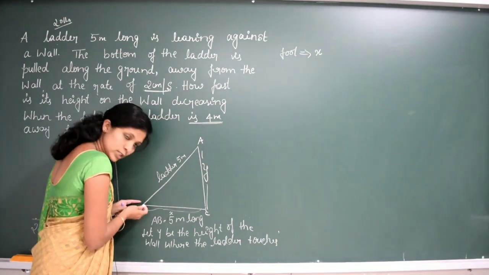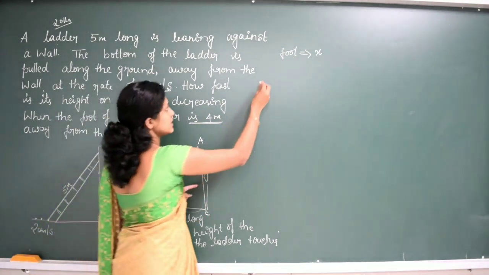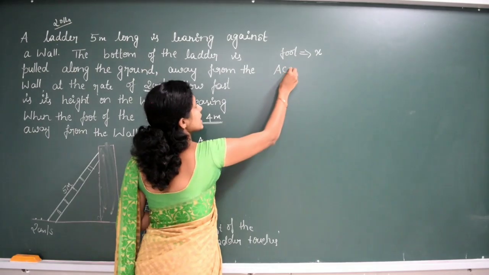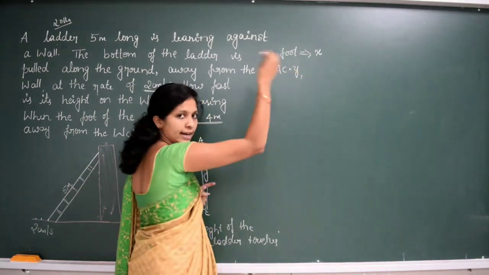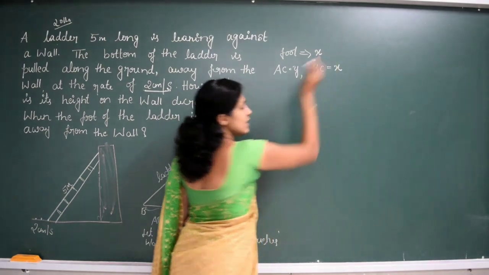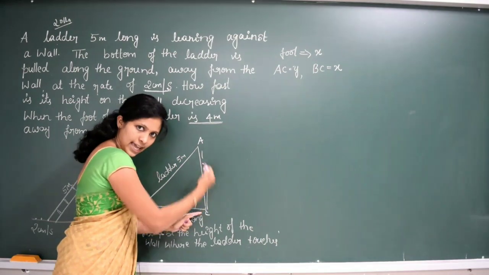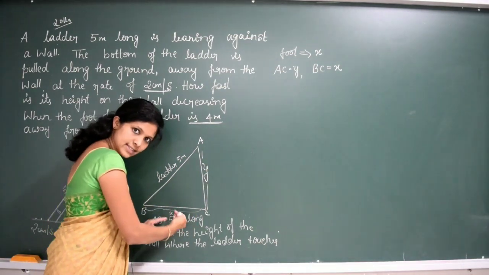Is it clear? Bottom of the ladder is X meter away from the wall. What have we considered? We have considered AC is equal to Y and BC is equal to X. Is it clear? It is given that length of the ladder is 5 and we have considered the height as Y and this foot as X.